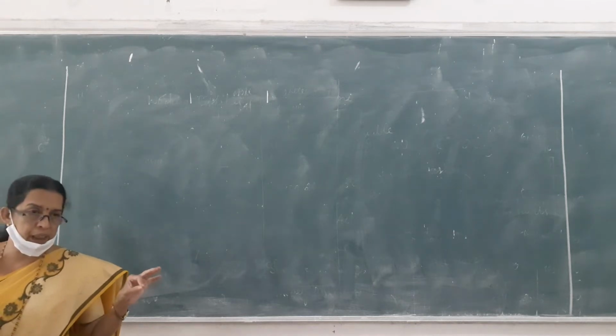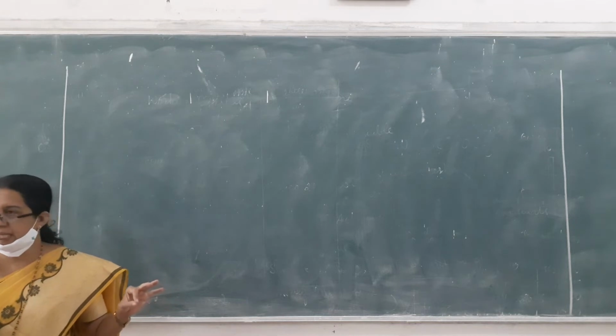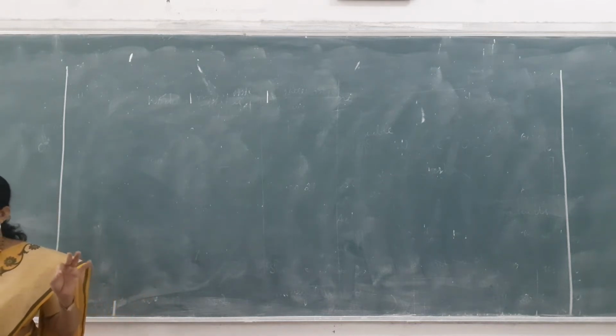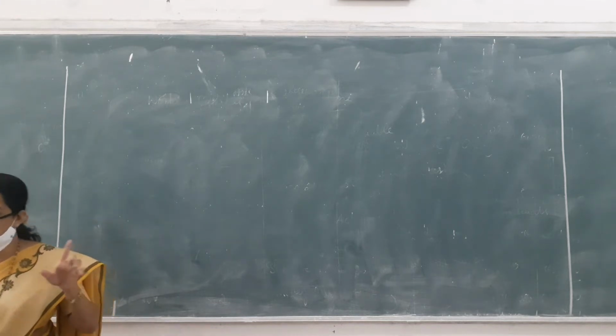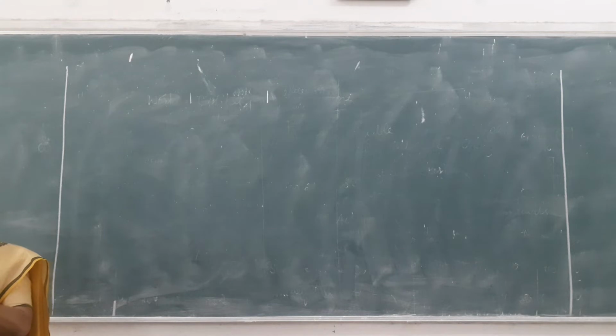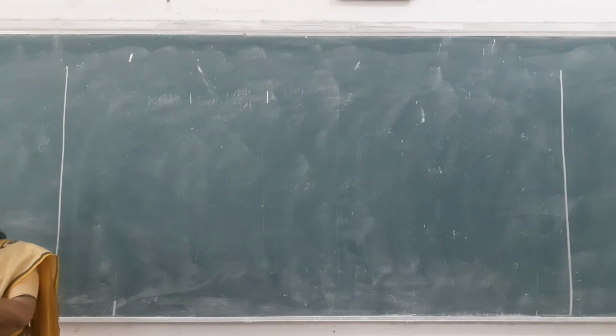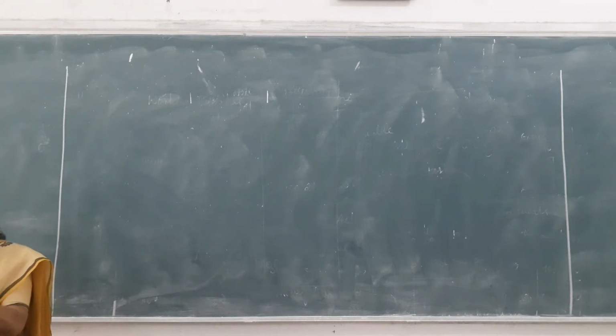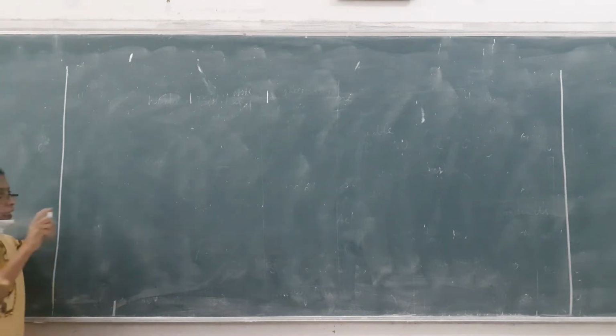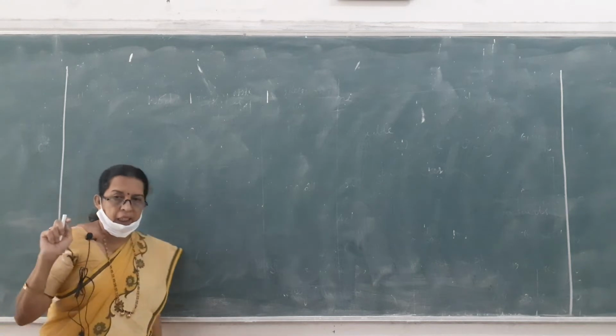Here DA is 30% of basic salary. In that, 60% forms part of salary, means 60% of the DA is entering into retirement benefits. That should be taken.